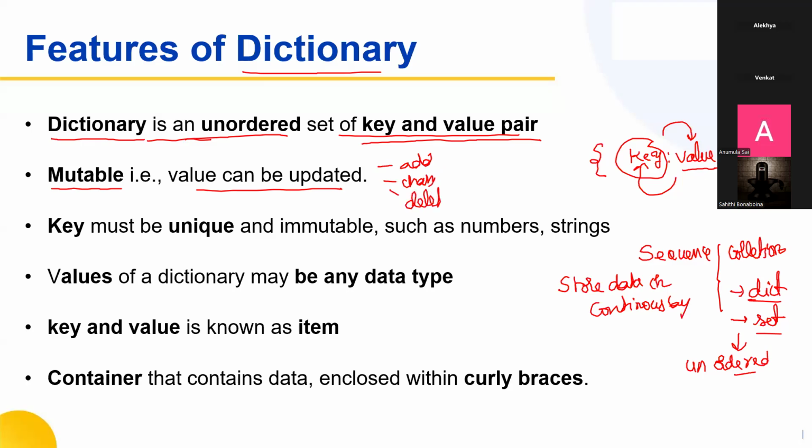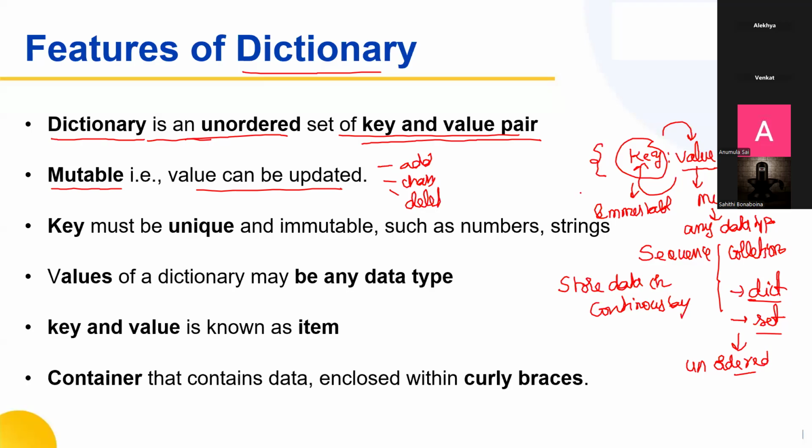But it happens only for values. Values are mutable and keys are immutable. We can use any data type for mutable data. Mutable means we can change the content.